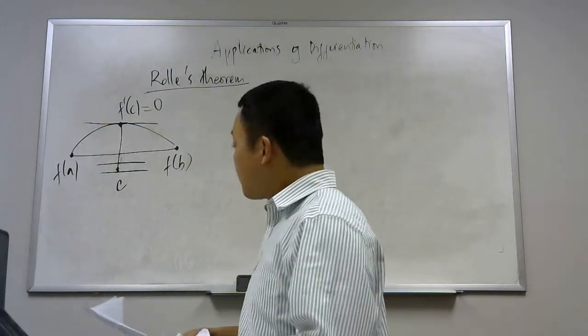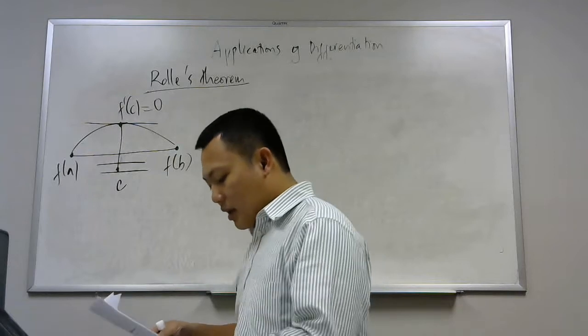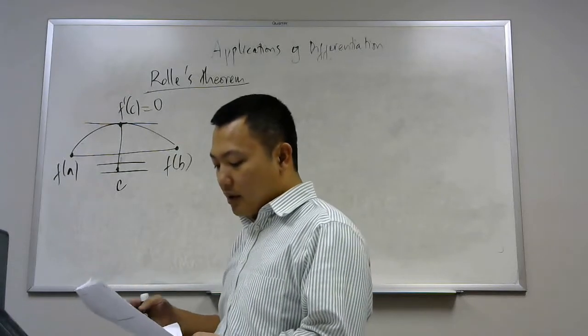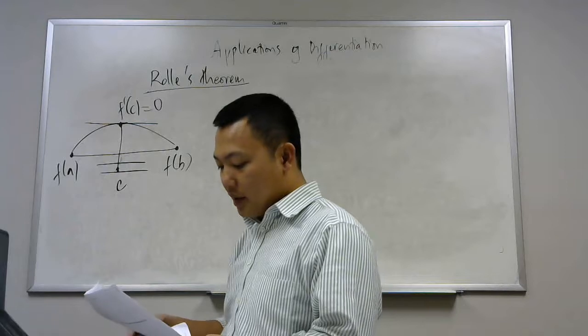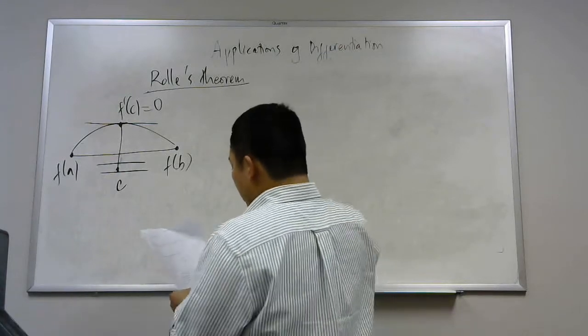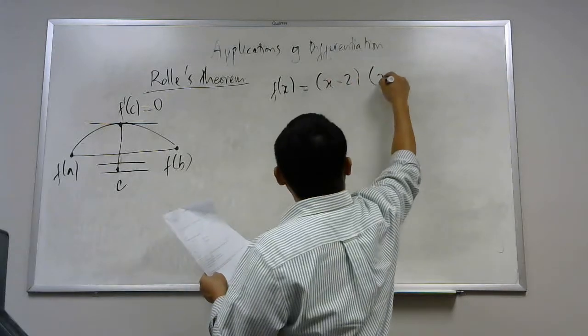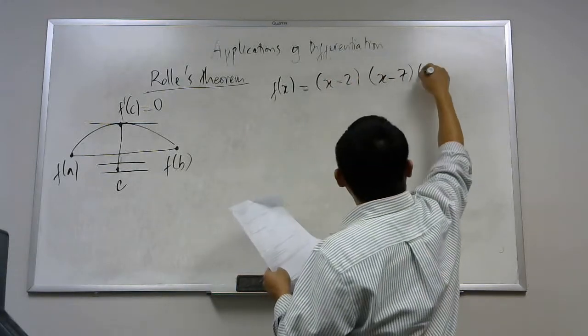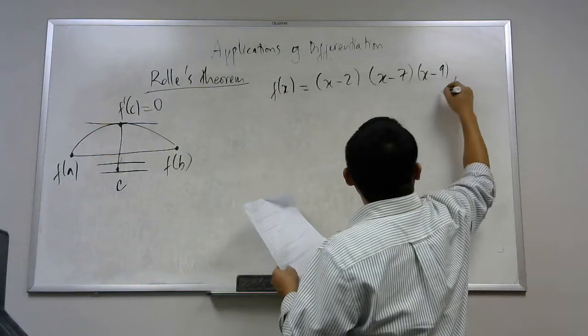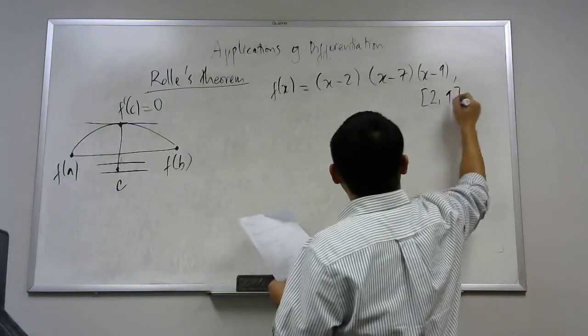Now I just solved this problem, right? This problem asks to determine whether Rolle's theorem can be applied to f on the interval. Our function is f of x equal to (x minus 2)(x minus 7)(x minus 9), and the interval is [2, 9].